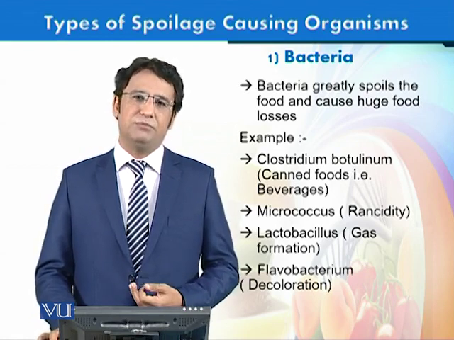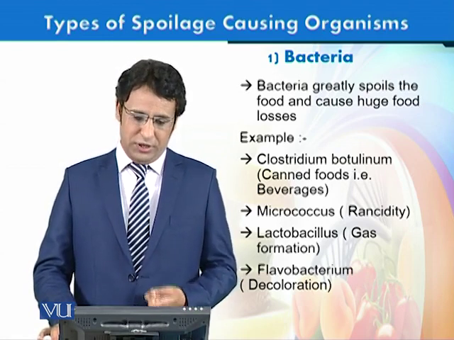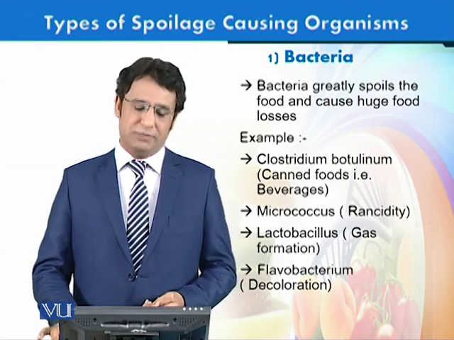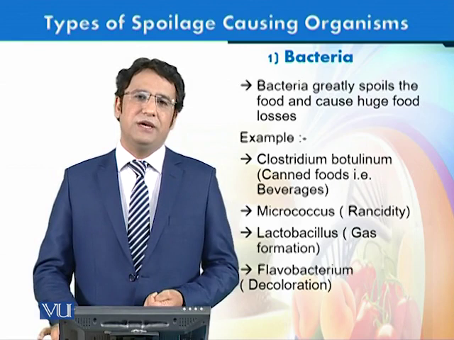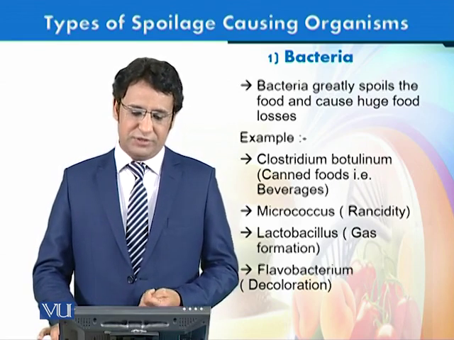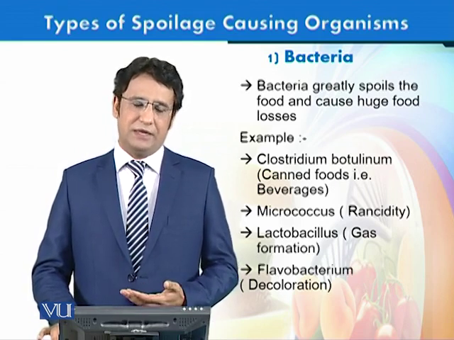Some of the examples of bacteria that affect food are Clostridium botulinum. This is a food poisoning bacteria. This is present in canned foods and beverages. It can also be found in honey as well. This creates a lot of toxicity, and that can also lead to death.